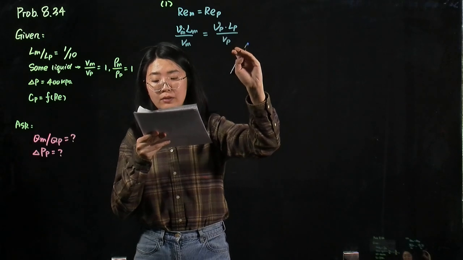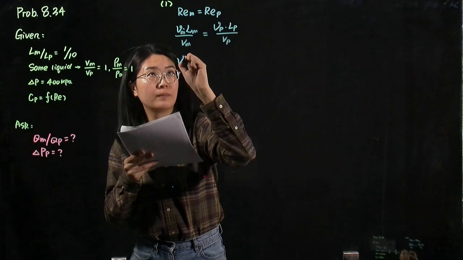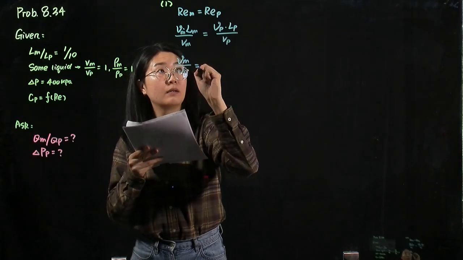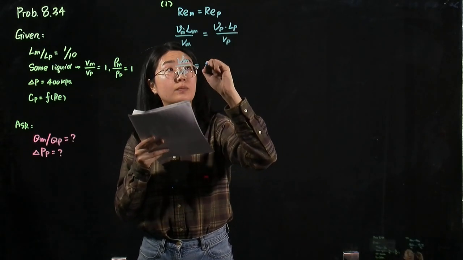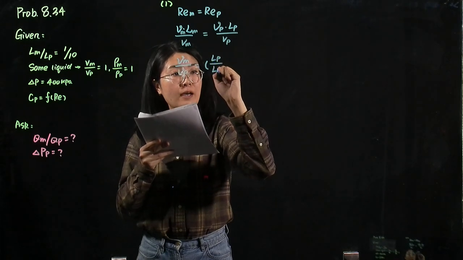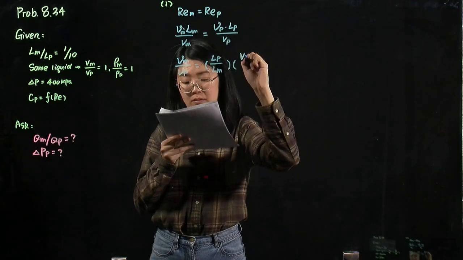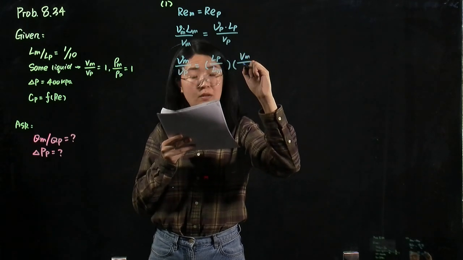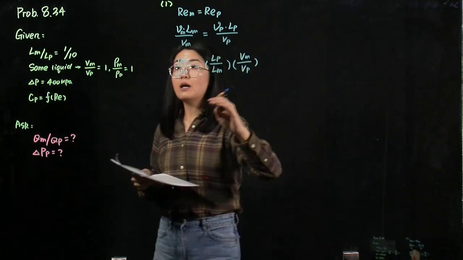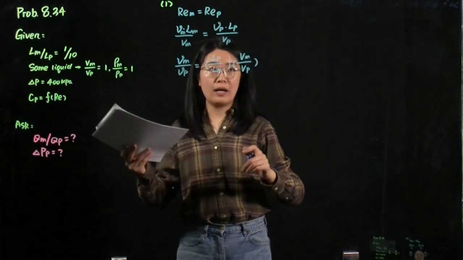Based on that, the velocity ratio Vm divided by Vp equals Lp divided by Lm times the viscosity ratio. And because the viscosity is the same, the viscosity ratio equals 1.